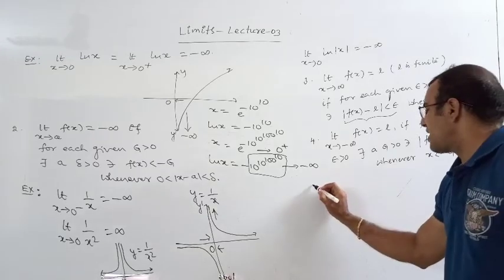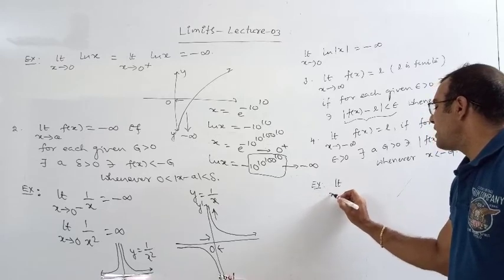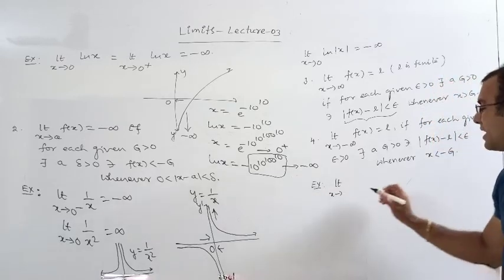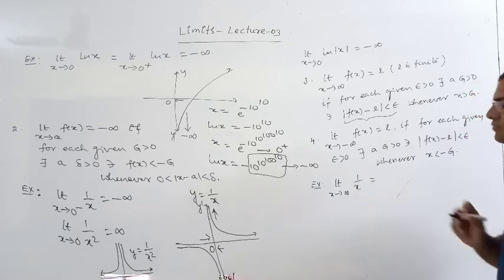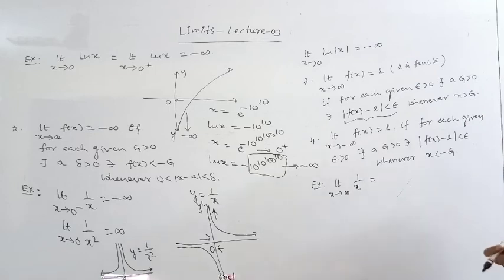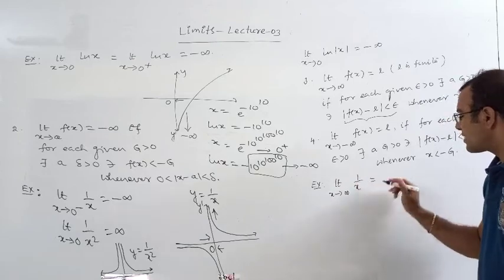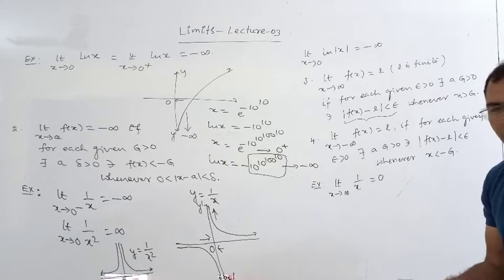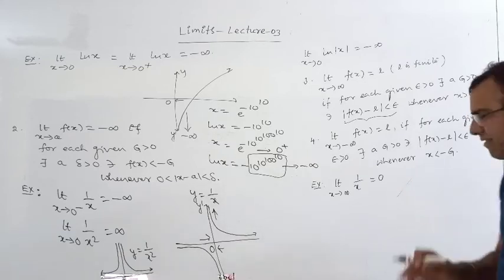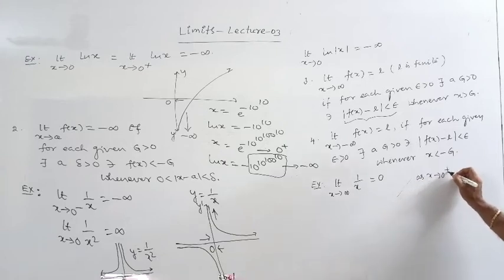Let us take an example. Here you see, what will be the limit x tends to infinity of 1 by x? As x tends to infinity, 1 by x tends to 0. That is obvious. Both are reciprocal cases. As x tends to 0 plus, 1 by x tends to infinity.